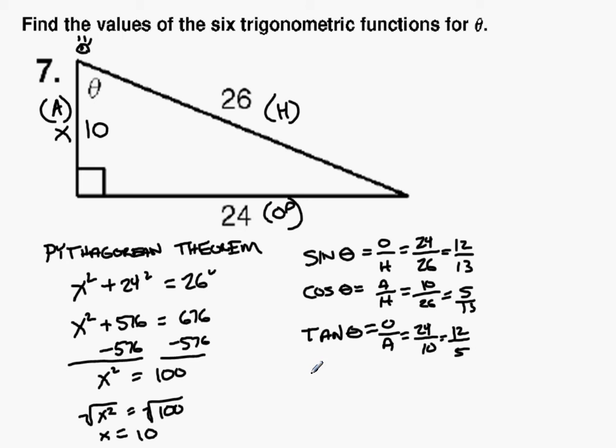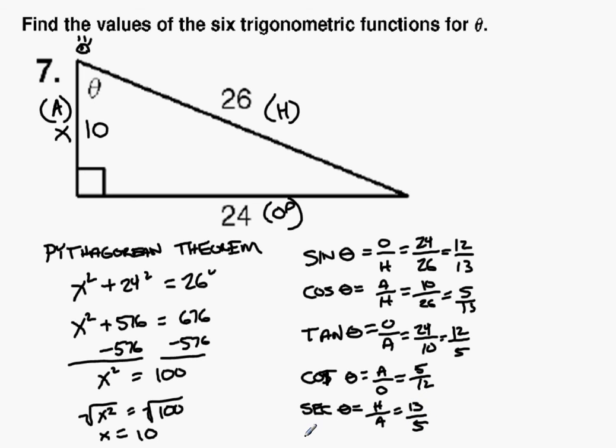We have cotangent of theta, which is adjacent over opposite, which is 5/12. We have secant of theta, which is hypotenuse over adjacent, so that is 13/5.